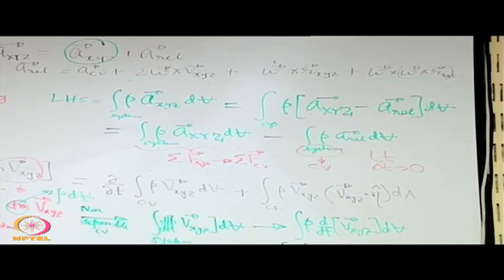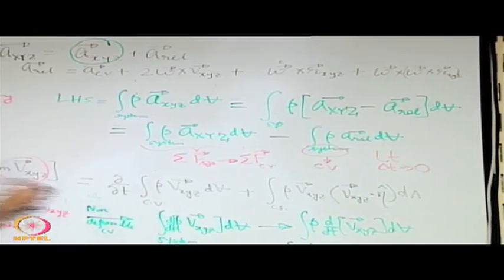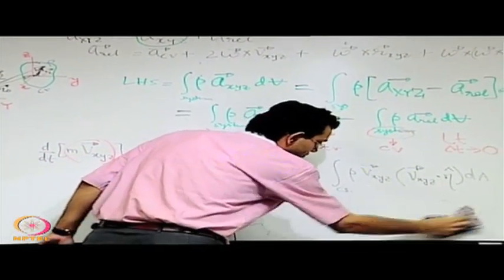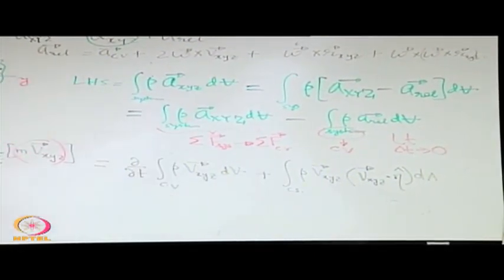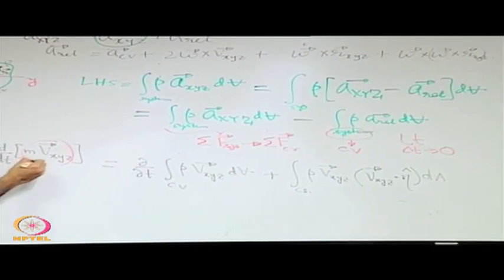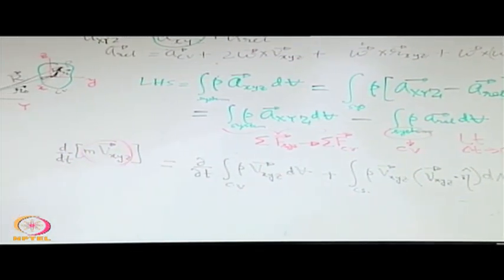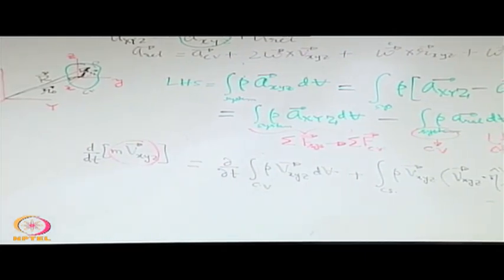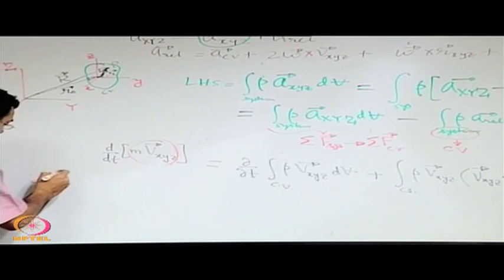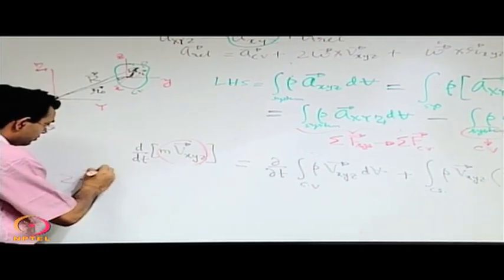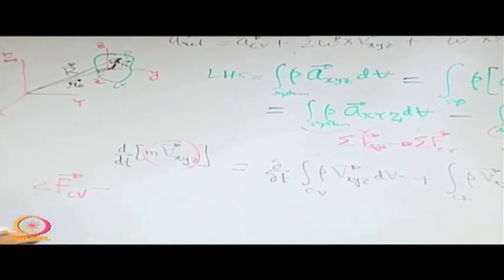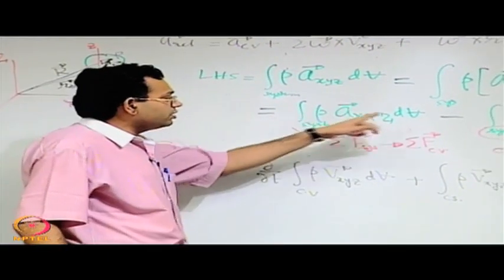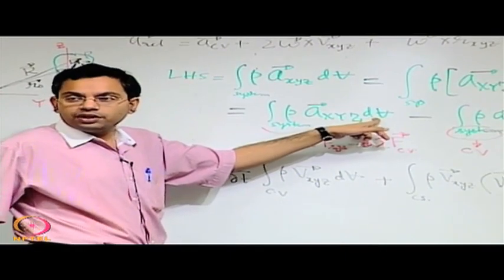So, what is the final form of the equation that we are getting? Let us write it in the final form. The left hand side becomes the resultant force acting on the control volume minus, let us say, the integral of rho dV, which you can say is dm, the elemental mass.